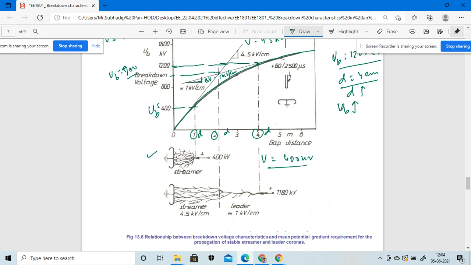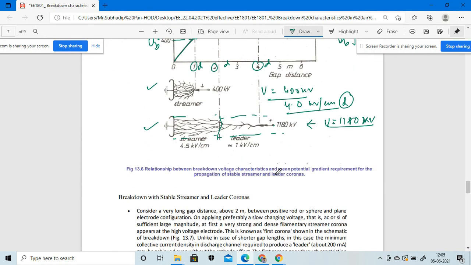We can say it should be considered as 4.0 kV per centimeter, having a gap distance of D. If we apply the voltage of 1180 kV, what will be the effect? Up to this part, it will be considered as a leader corona. After this, it should be considered as a streamer corona, right?